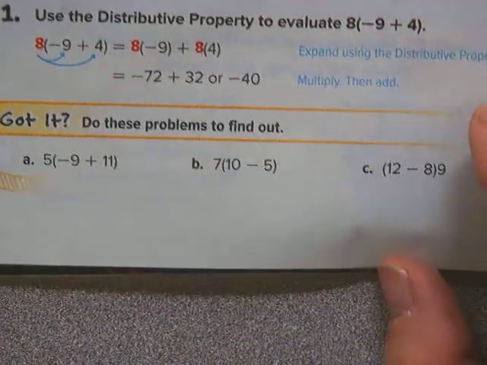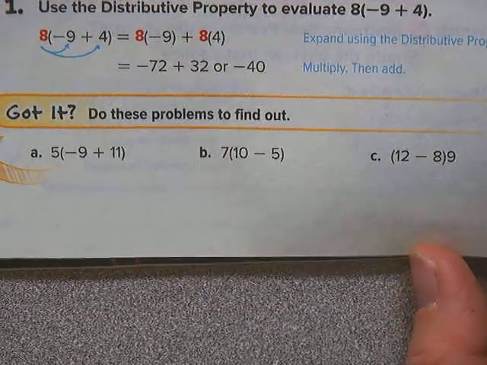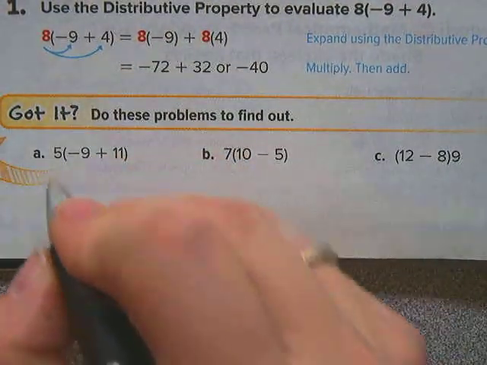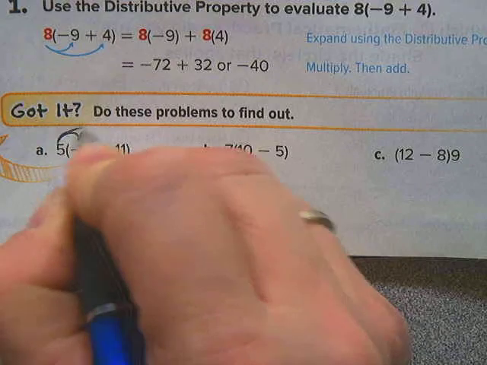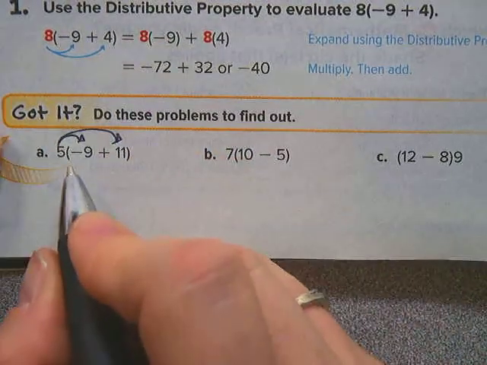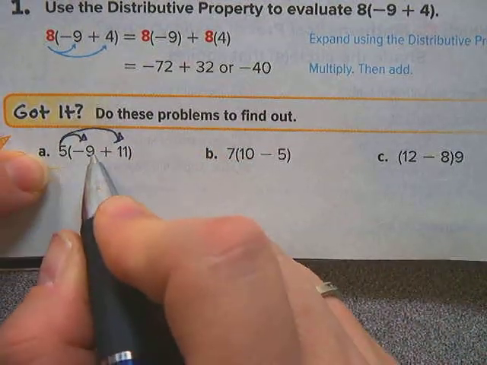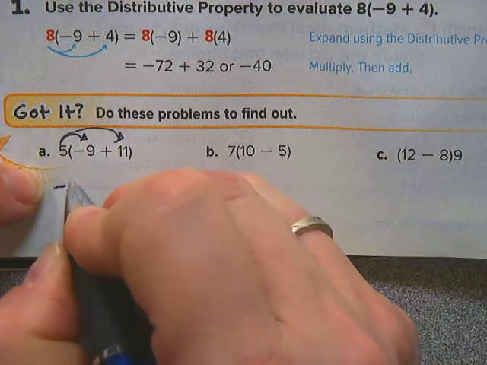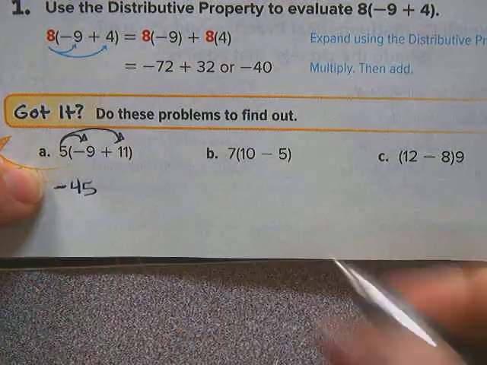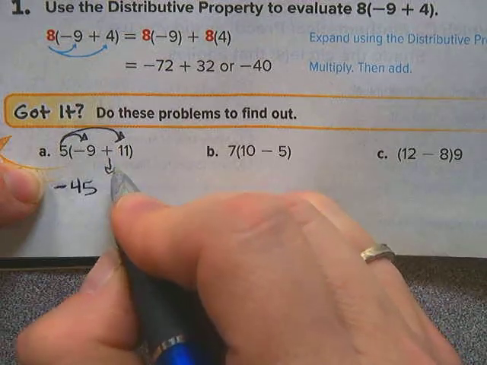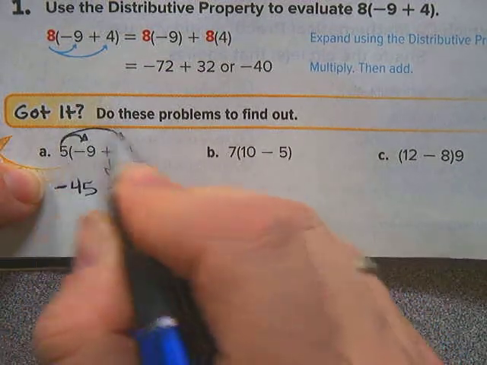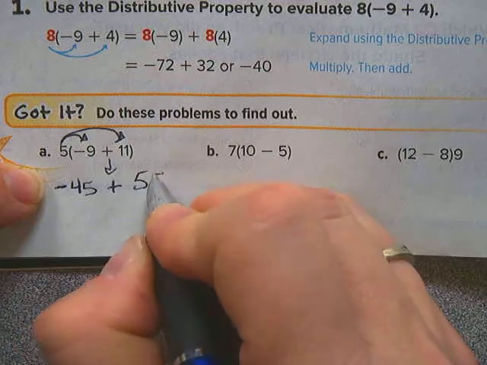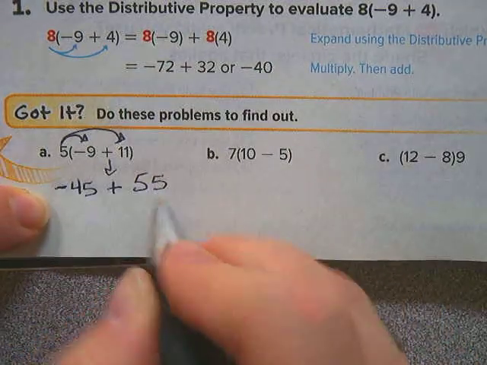Okay, let's go down to the bottom. I'll do the first one with you, but this is what I'd like to see. I'd like to see that you're drawing the arrows. We first do 5 times negative 9, so a positive times a negative is a negative. I bring down the plus. 5 times 11 is 55.